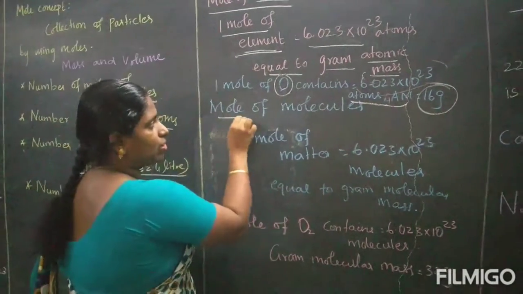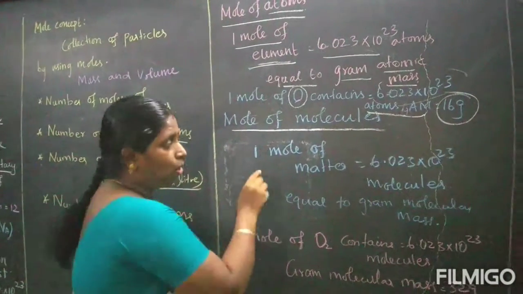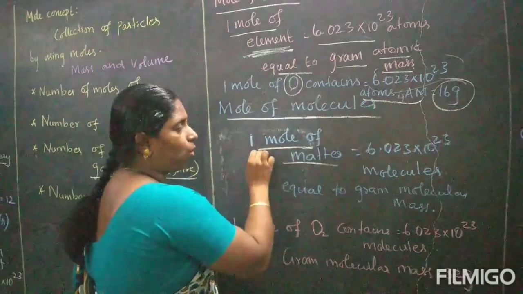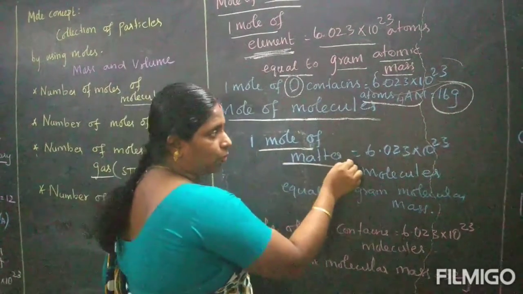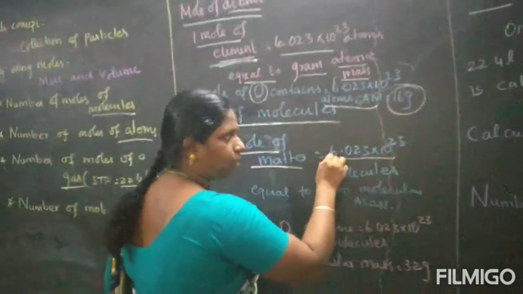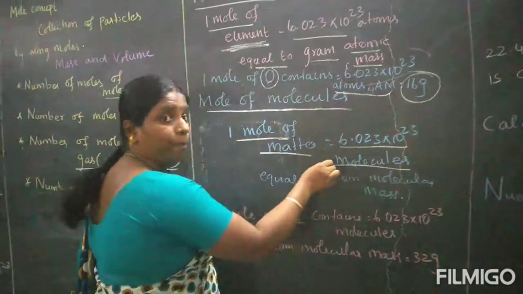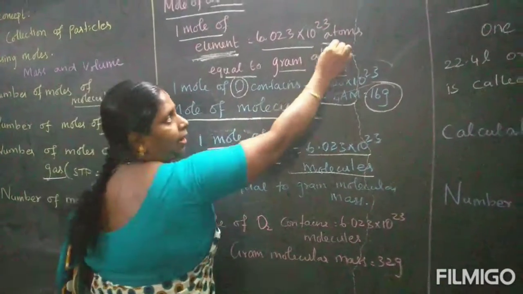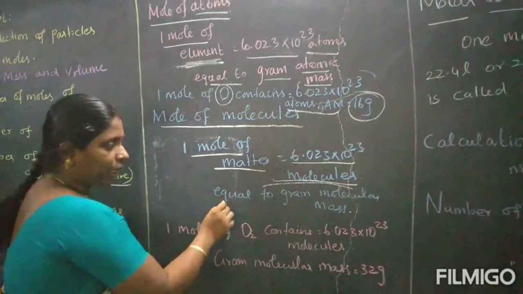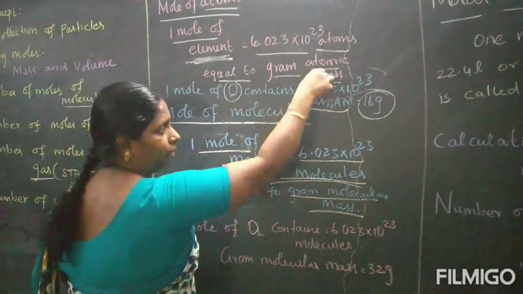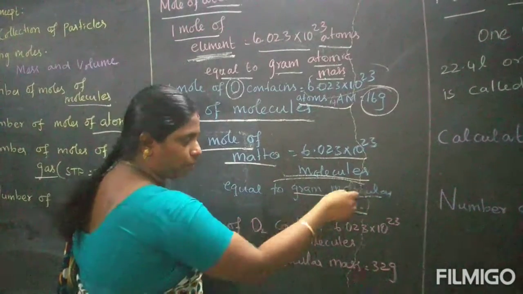And if you look at the mole of molecules, 1 mole of matter is equal to the same value, 6.023 into 10 to the power 23 molecules. Here atoms, here molecules, equal to gram molecular mass. Here gram atomic mass, then gram molecular mass.